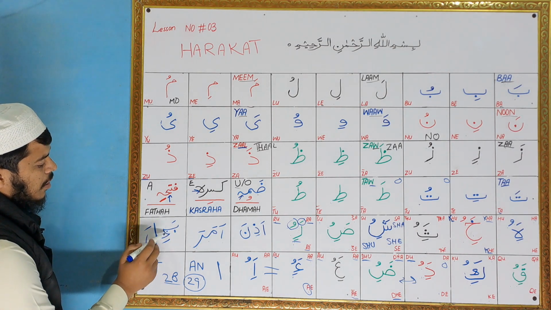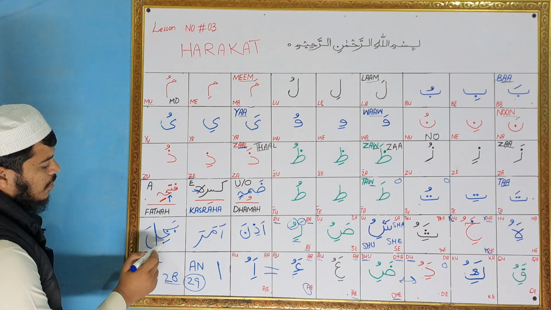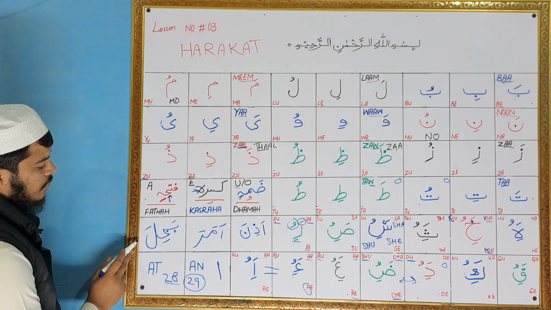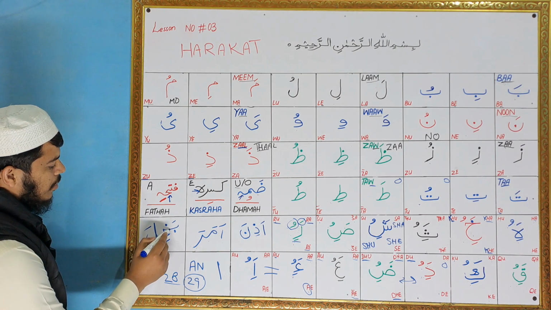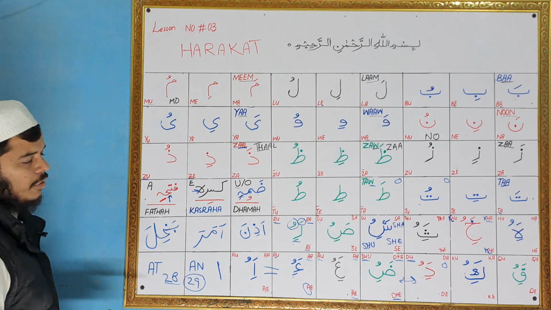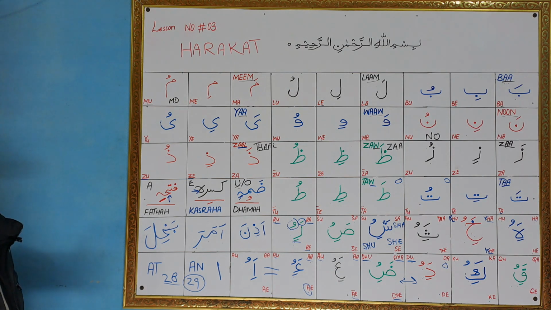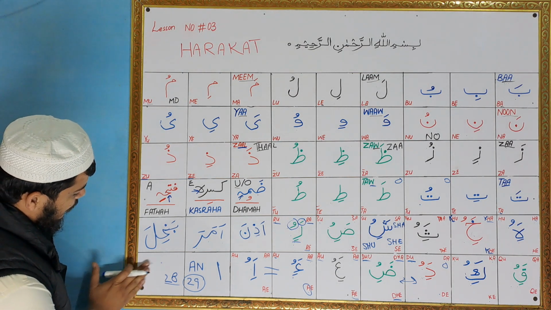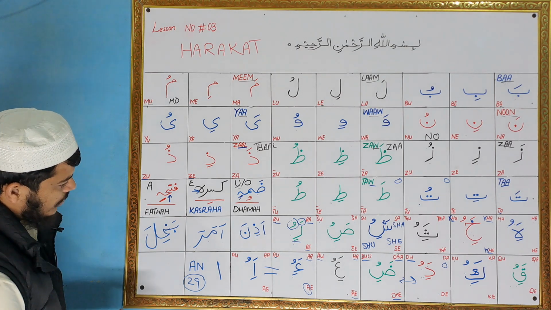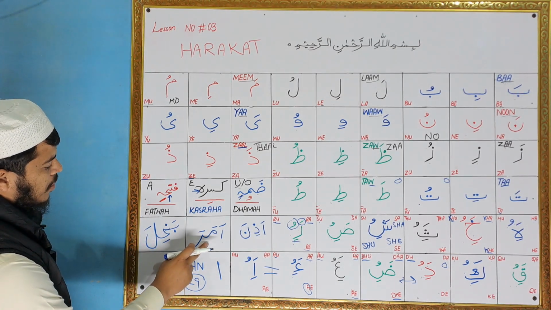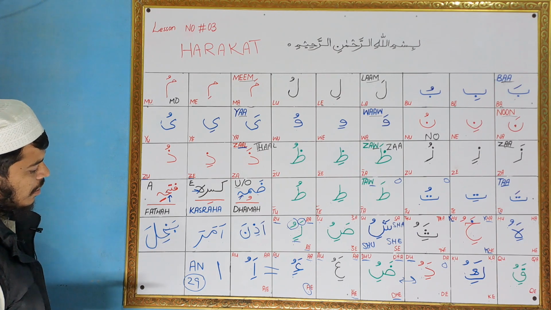Ba with fatha ba, kha kasra khi, lam fatha la. We read this word like bakhila. Okay, so azina, amara, bakhila.